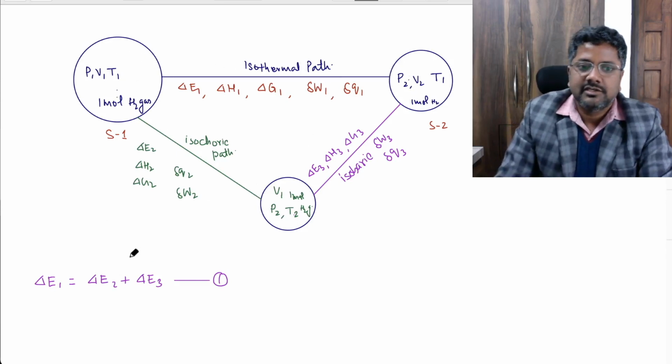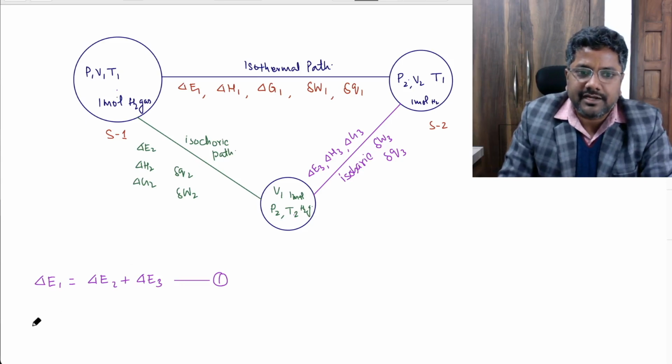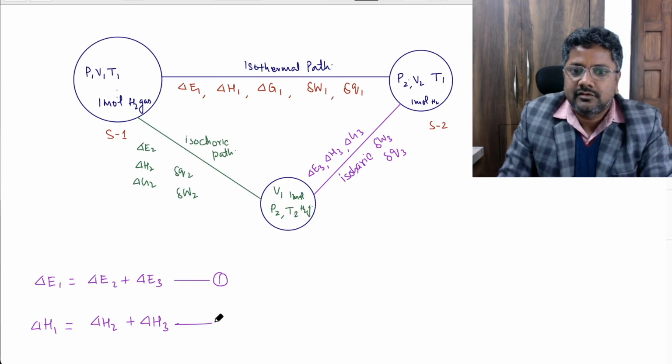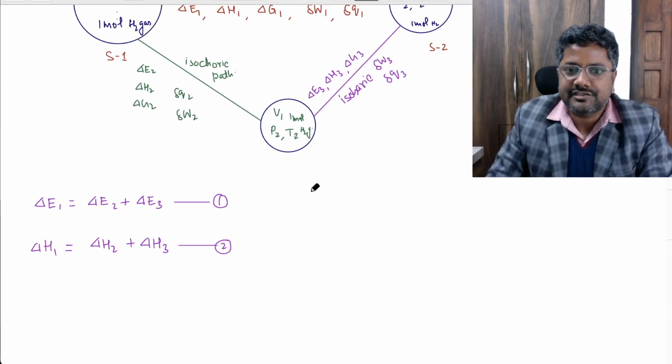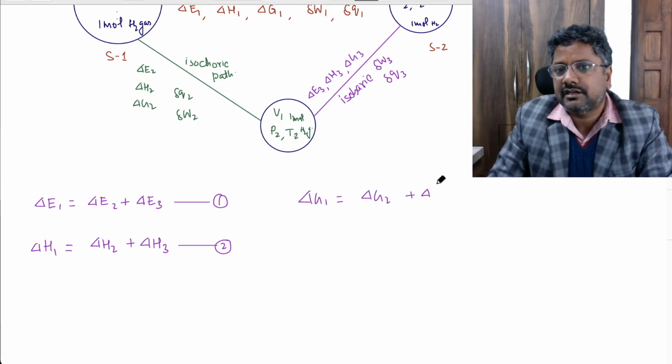Similarly, you can write delta H1 is equal to delta H2 plus delta H3. This is enthalpy change. Similarly, you can write delta G1 is equal to delta G2 plus delta G3.